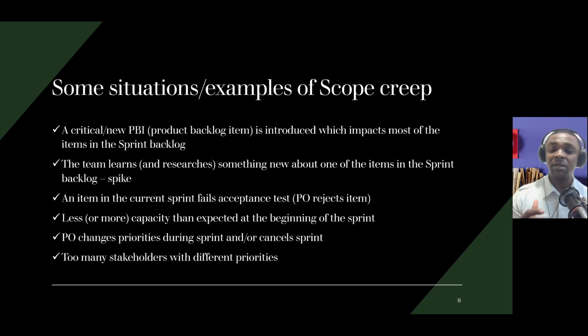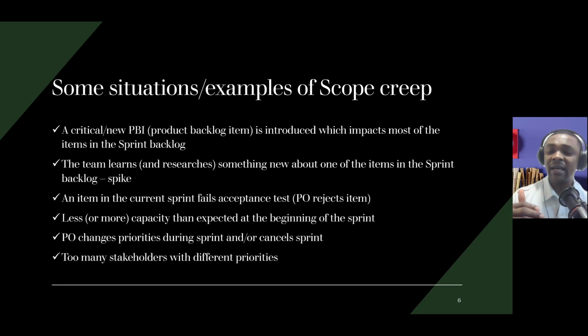Now, what are some situations or examples to help us understand this idea of scope creep? I've put together some scenarios that could help practicing Scrum Masters or Agile coaches, and even potential Scrum Masters or managers who are also part of the team.